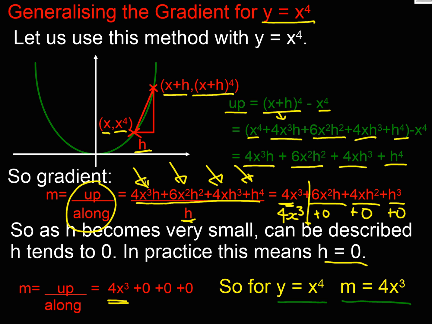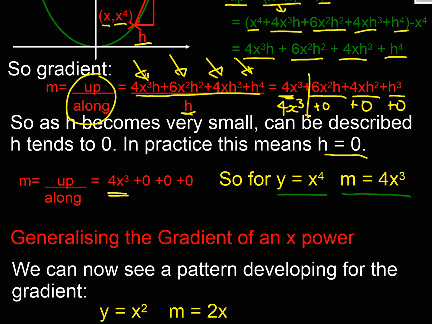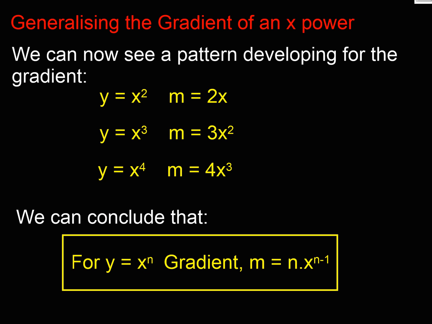Okay, so let's have a look at the pattern now, shall we? What have we just seen? Well, for the first one, when y equals x squared, we had m equals 2x. Y equals x cubed, we had m equals 3x squared. And for y equals x to the 4, we had m equals 4x cubed.